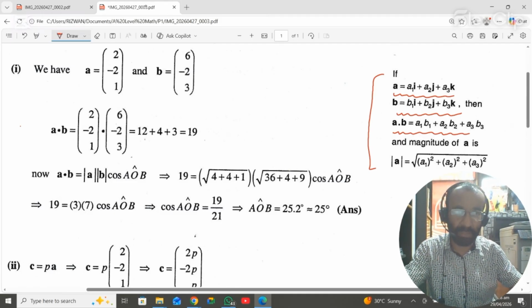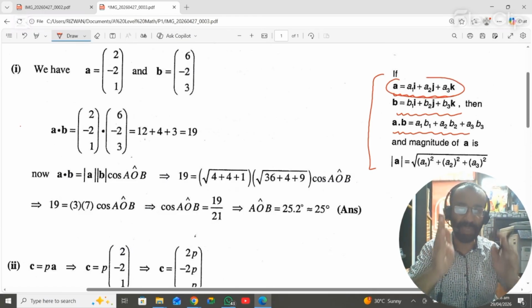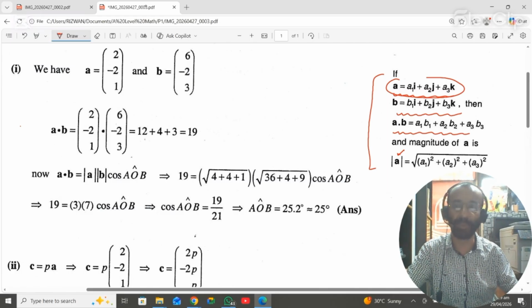So a dot b = a1 b1 + a2 b2 + a3 b3. And the magnitude of a vector is represented by drawing two lines around the letter. So a's magnitude is the square root of a1 squared plus a2 squared plus a3 squared. So this is the formula.